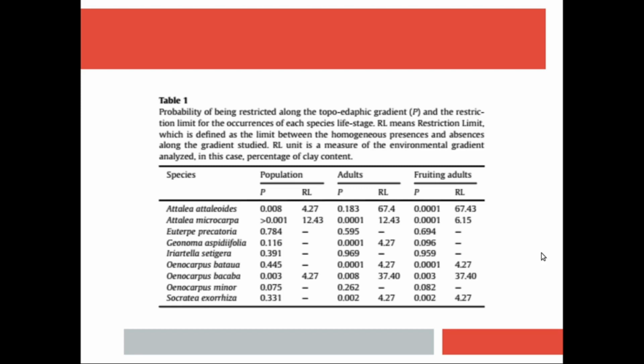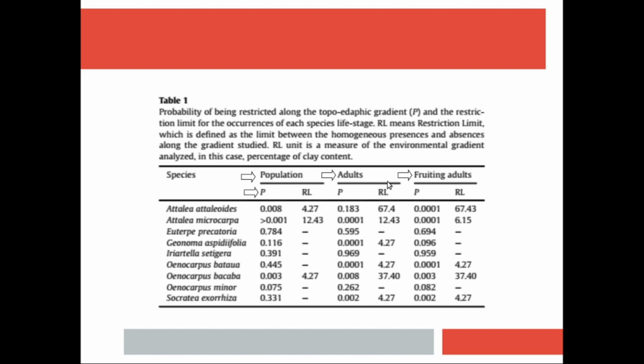In this table, we can see the probability of being restricted to the topoedaphic gradient, where we divide individuals into the whole population, adults and fruiting adults. The difference between those two is that adults here we never see with fruits, even after 2 years of monitoring every month.